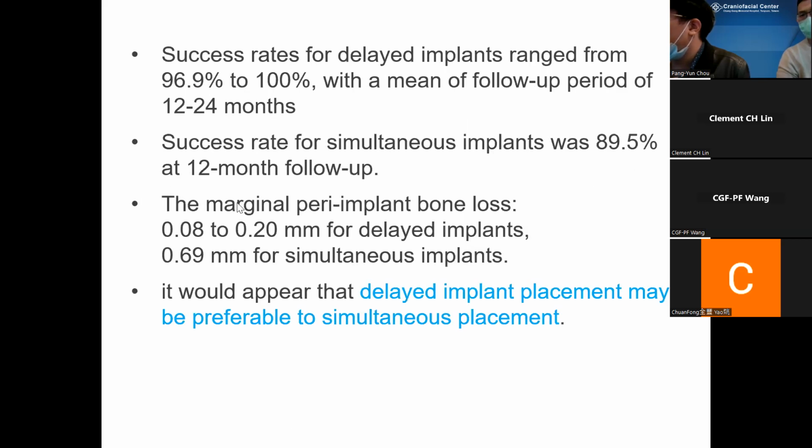And the success rate for simultaneous implants was up to 89.5% at a 12-month follow-up. And the marginal peri-implant bone loss varied from 0.08 to 0.2 millimeter for delayed implants and 0.69 millimeter for simultaneous implants. And it seems that delayed implant placement may be preferable compared to simultaneous placement.